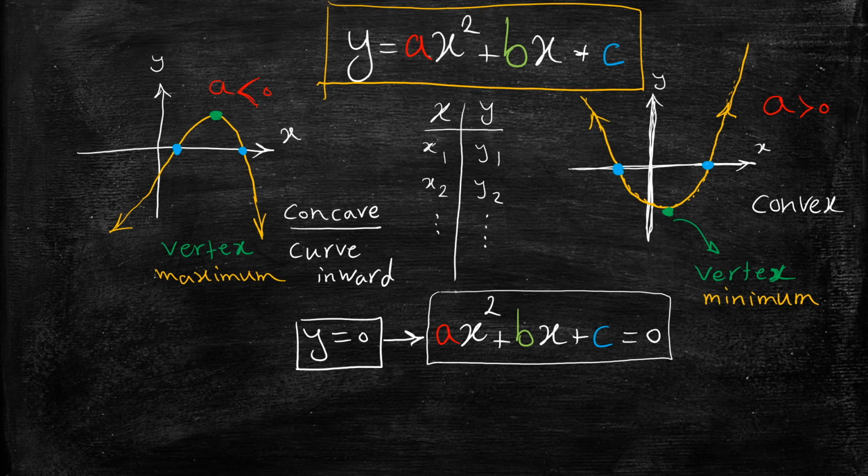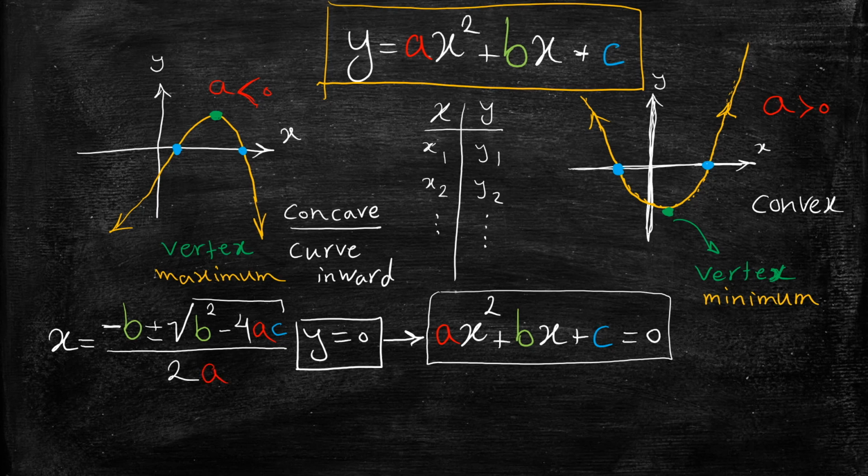And the formula to solve this, I'm going to write here: x equals minus b plus minus square root of b squared minus 4ac, over 2 times a. So this is the formula by which you find the zeros of this equation, in other words, the x-intercepts of the parabola.